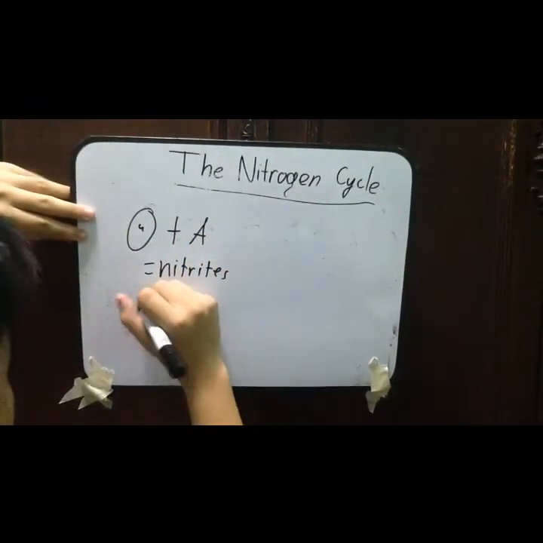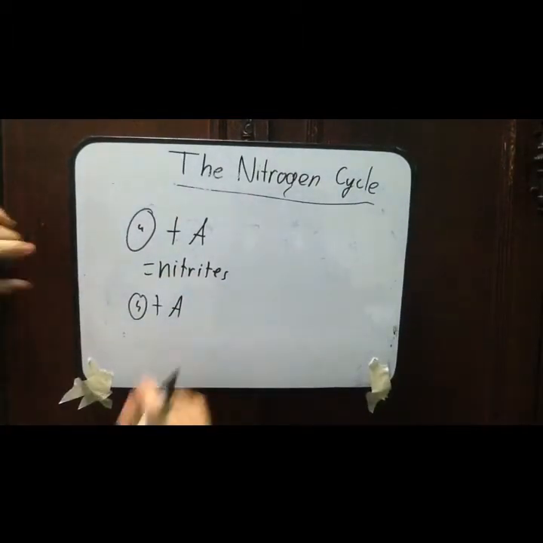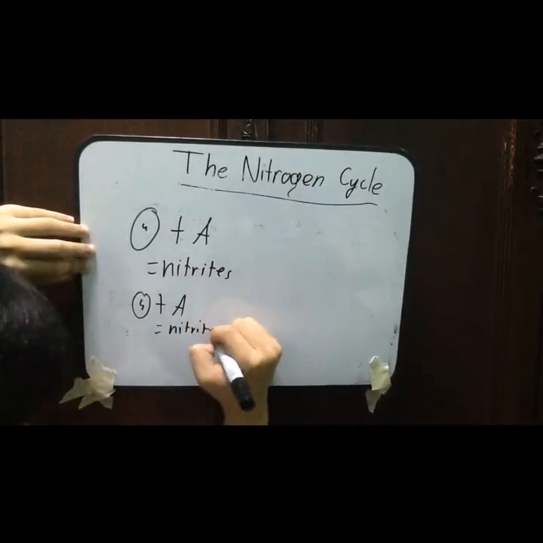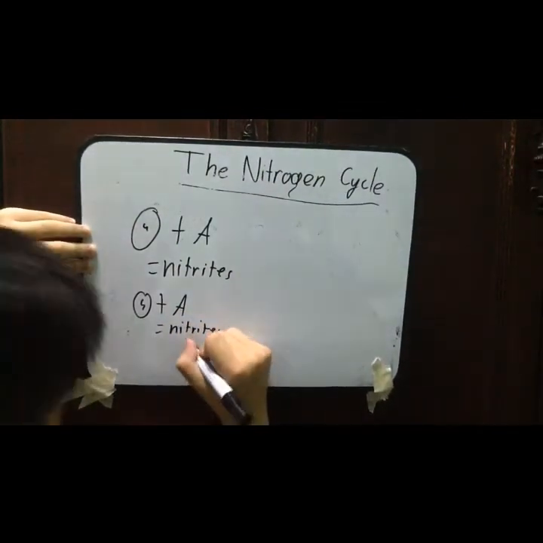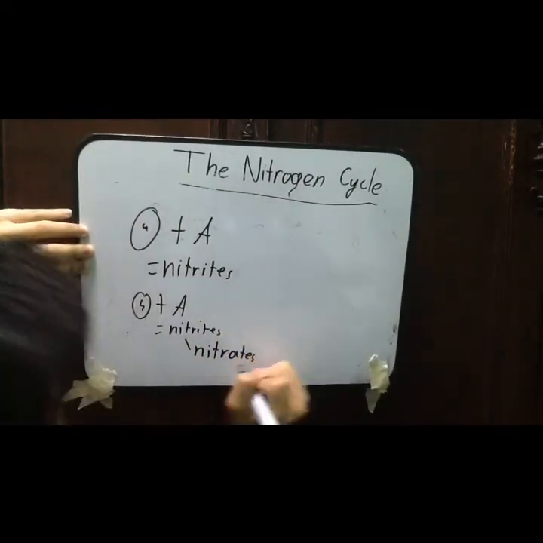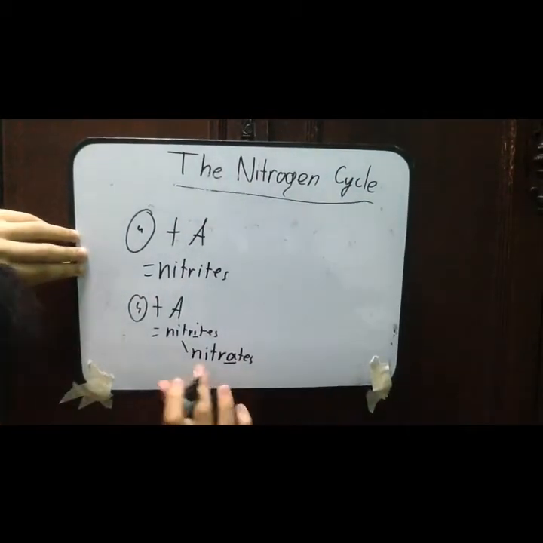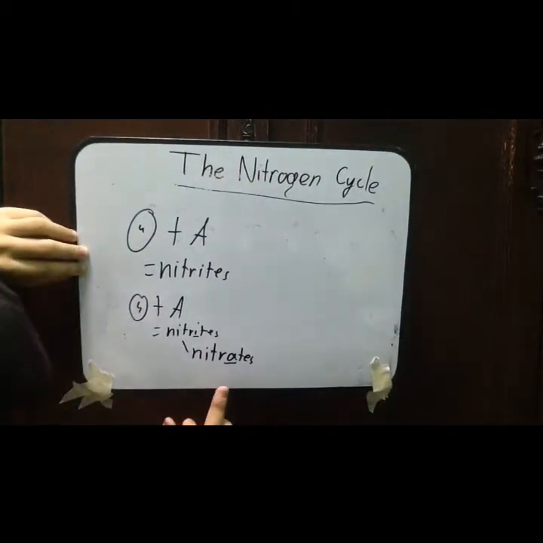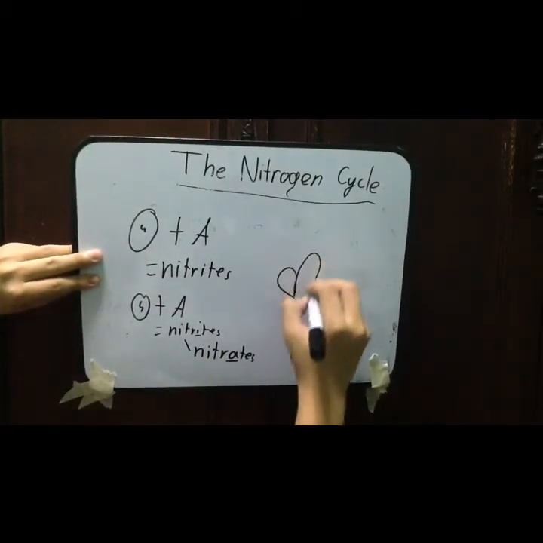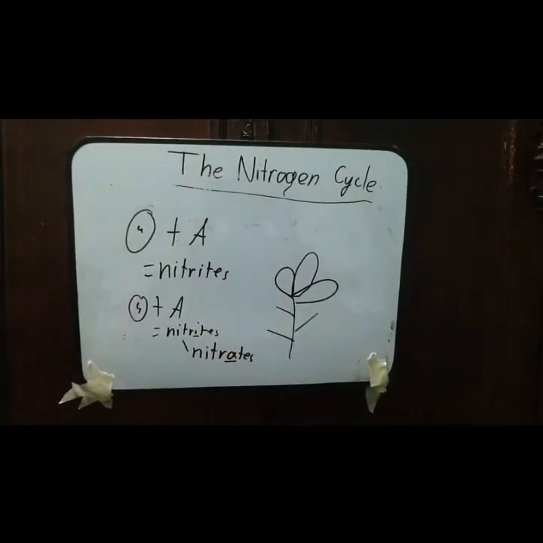Then another group of bacteria convert nitrites into nitrates. So there's a change in spelling: instead of I, it becomes A, nitrites to nitrates, which plants can absorb and use for many processes, especially processes of life.